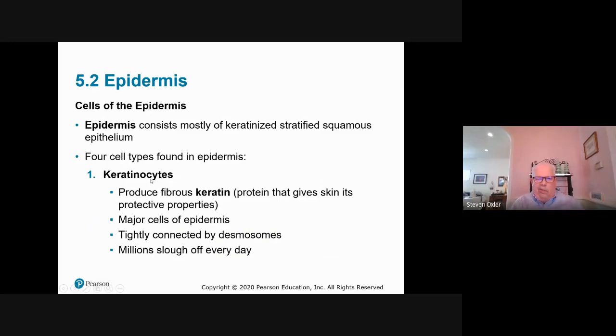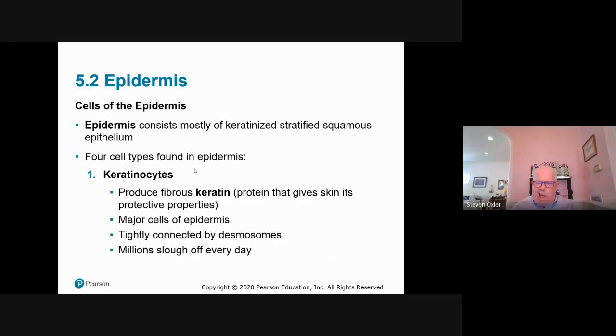The most abundant cell type is the keratinocytes, and these produce the protein keratin. It's a protein that gives the skin protection. It coats the skin. It's connected tightly by desmosomes, and it is the major cell type of the epidermis. And you lose millions of these cells every day.